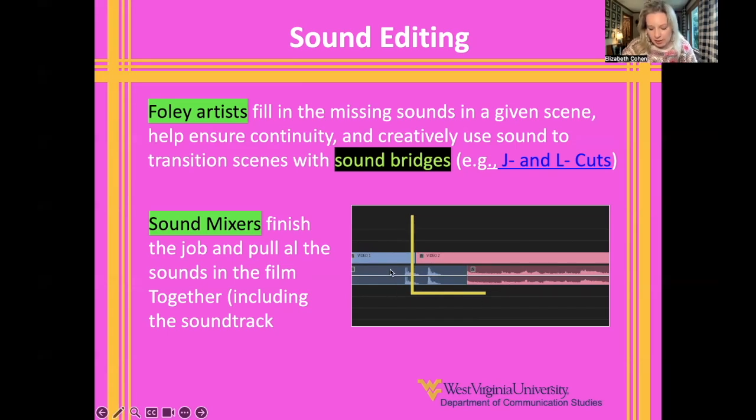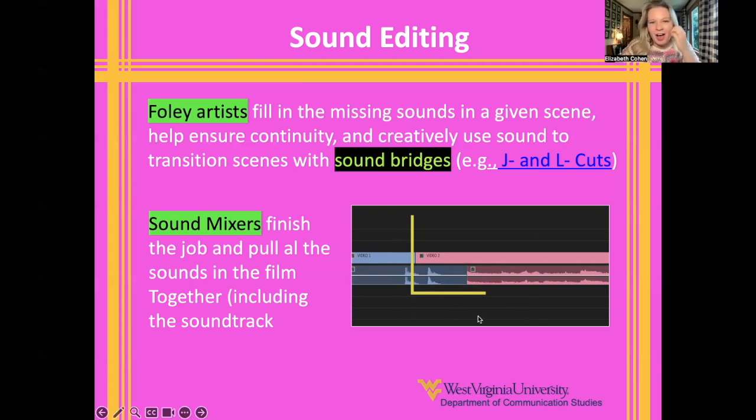There's different ways of doing this. In this case, it's an L cut, because see, it looks like an L. There's a carryover effect. An L cut is where the sound from one scene keeps going into the other scene. It's as if they don't want you to forget the last scene. Or, I don't know, it could have lots of different effects. A J cut is the opposite. You can picture it, it goes the other way.